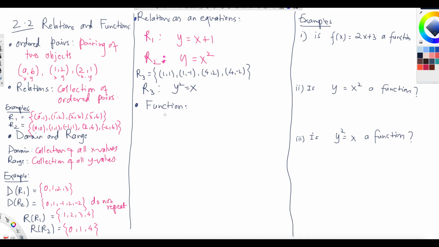Now, let us see a function. How do we define a function?